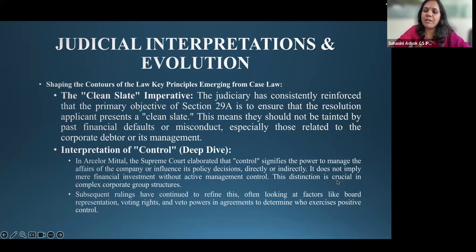So even for forensic audit and such transactions, it is the responsibility of the RP or liquidator. Correct. They can take the help of a transaction auditor or a forensic auditor, but whatever report they give, I think the IP has to scrutinize the report thoroughly. Right, sir. You are right.